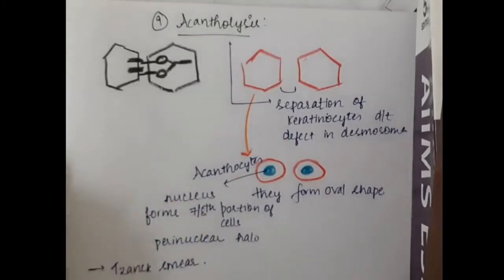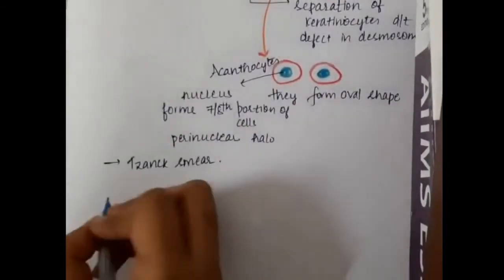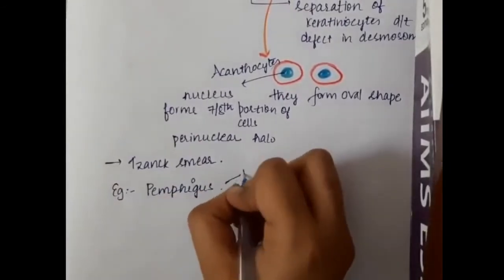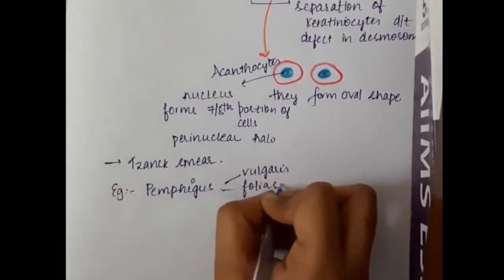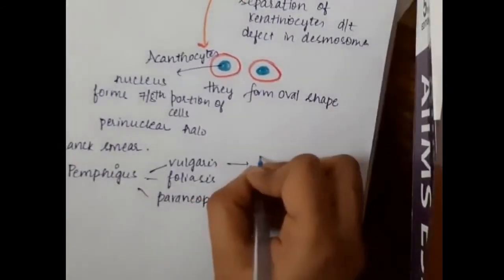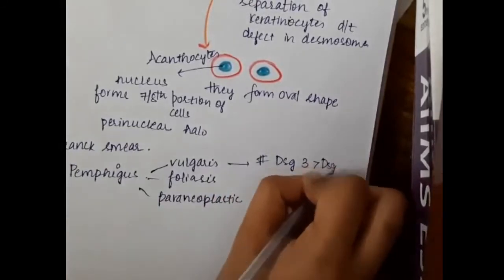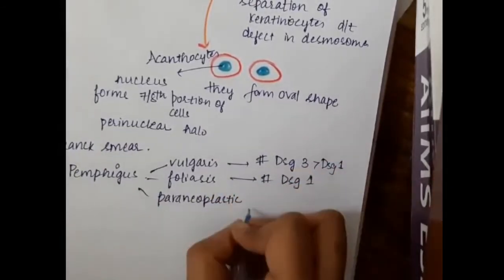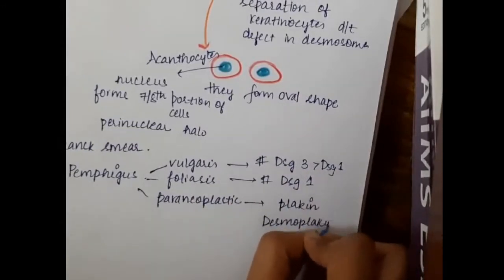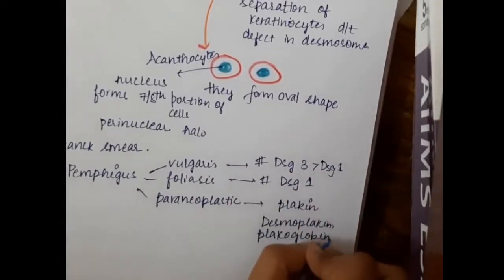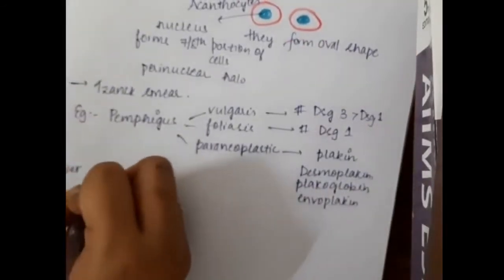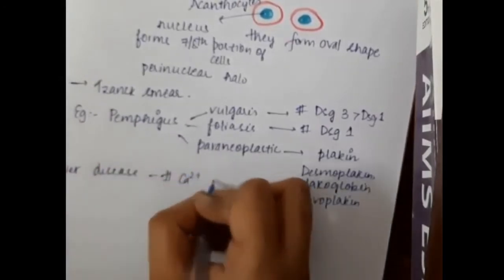Examples include pemphigus: pemphigus vulgaris, pemphigus foliaceus and paraneoplastic pemphigus. In pemphigus vulgaris there is a defect in desmoglein 3 more than desmoglein 1, and pemphigus foliaceus occurs due to a defect in desmoglein 1. Paraneoplastic pemphigus occurs due to a defect in desmoplakin, plakoglobin and envoplakin.